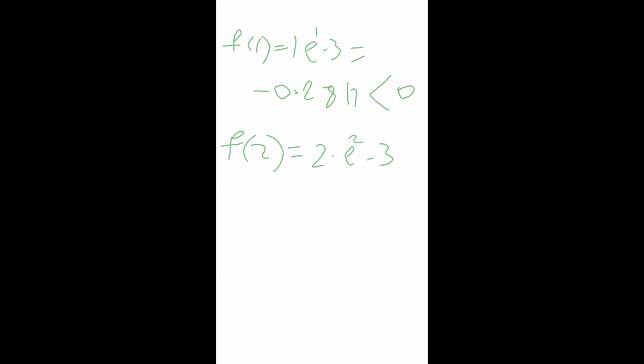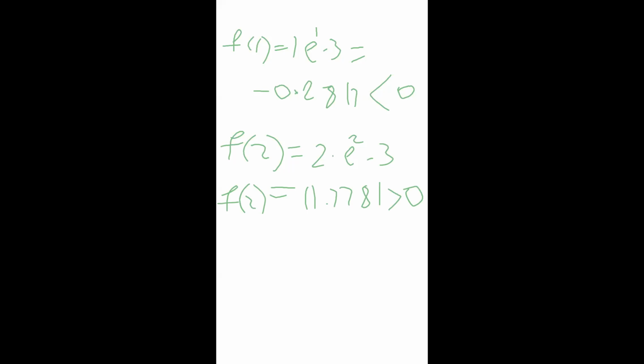Press shift ln and press 2 in front of e, so it becomes e square. So 2 into e square minus 3. What value did you get? f of 2 is equal to 11.7781, which is greater than 0. Okay, this is your f of 2.